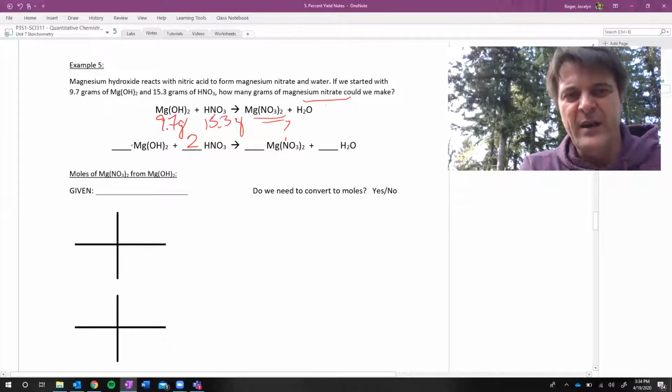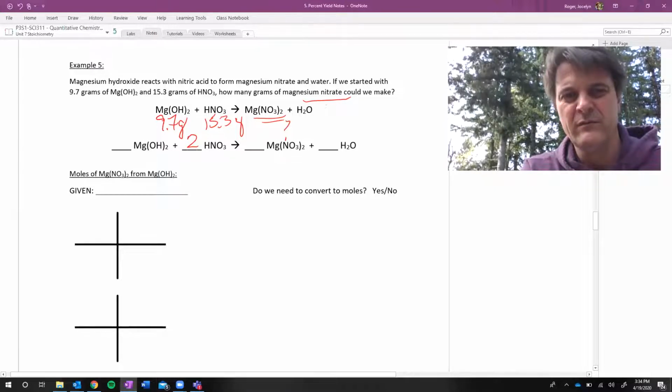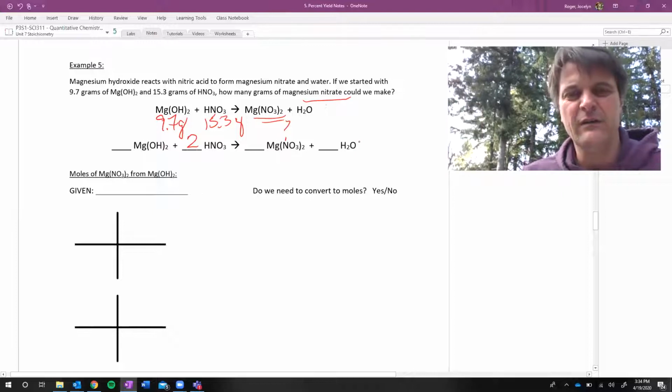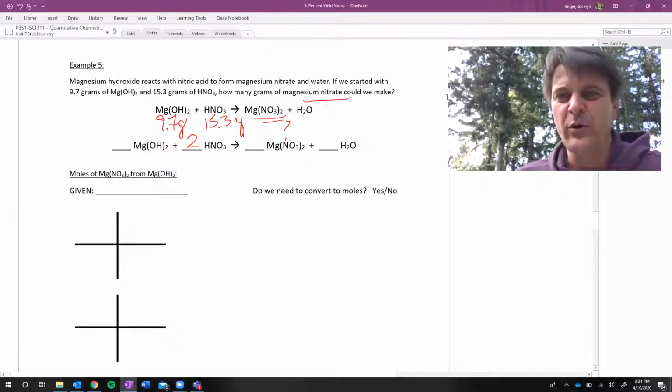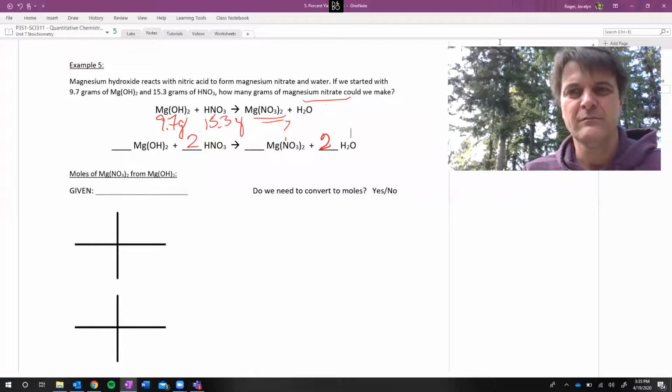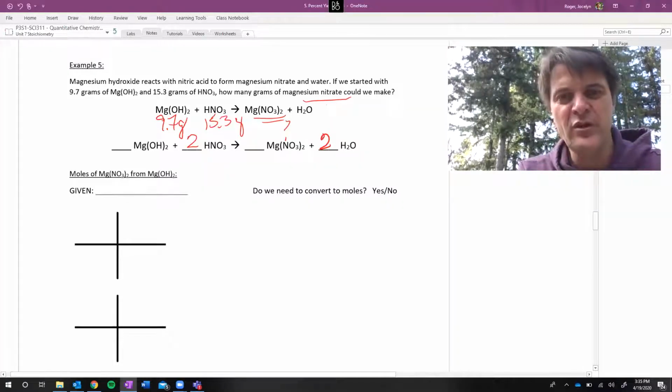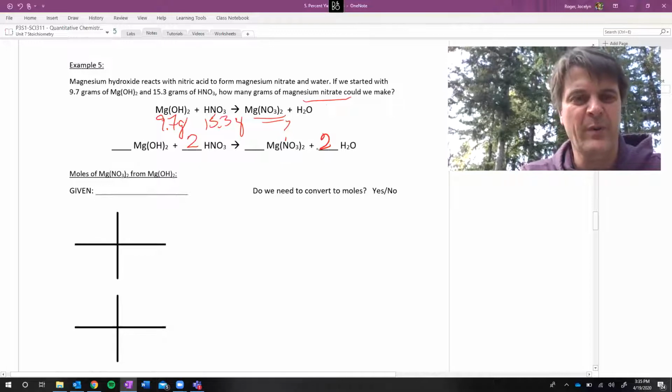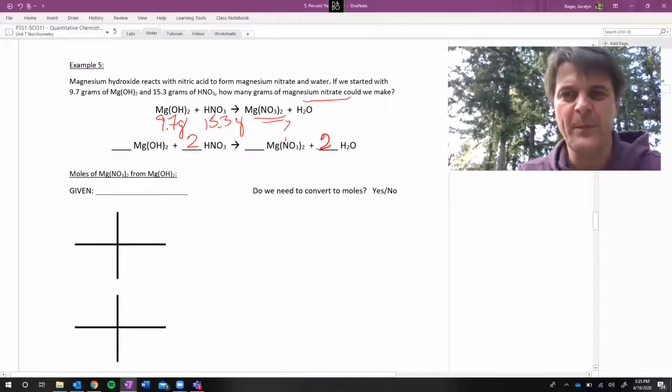Now we're looking at the magnesium, which is 1 on each side, and 2 hydrogens and 2 oxygen, and 2 hydrogen over here, and 1 of the water. So we're going to need to do a little bit of work here to balance this equation. All right. So 2H2O, and that balances our reaction.